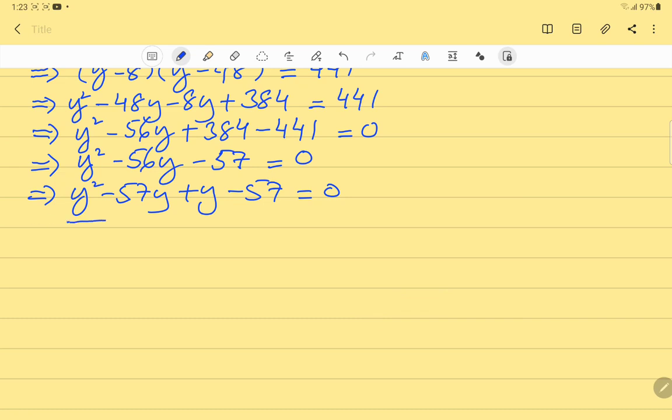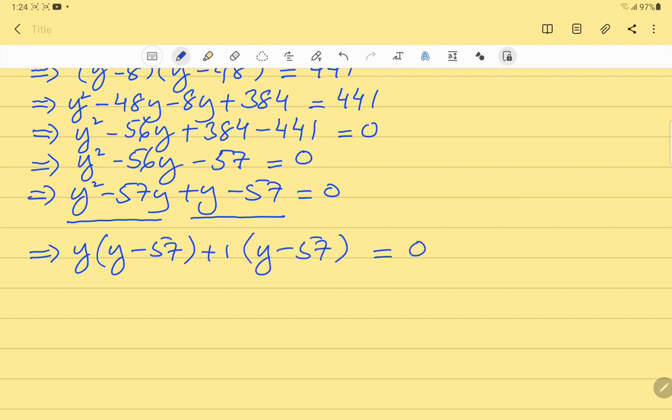In the first pair we have y common, and in the second pair we have 1 common. So y into y minus 57 plus 1 into y minus 57 is equal to 0.